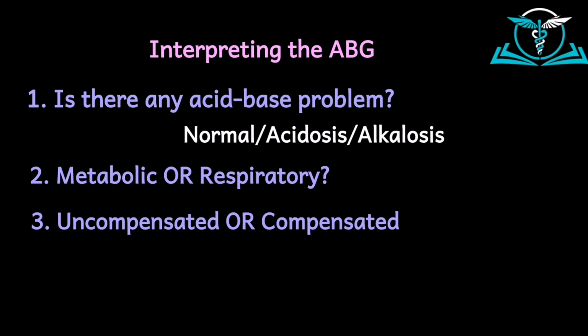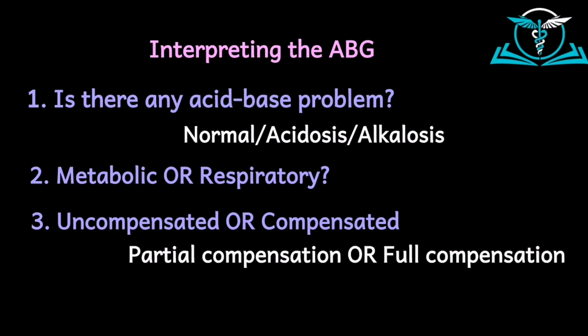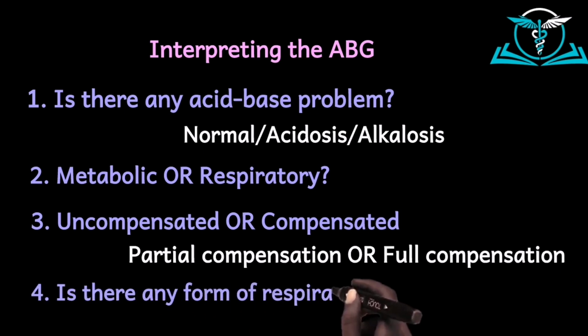And if it is compensated, you want to ask, is it a partial compensation or a full compensation? Then, is there any form of respiratory failure? And so these are the 4 steps we use to interpret the arterial blood gas, and they are the basic steps. There are other steps or other things you have to look out for, but for the basics, these are the 4 steps we use.